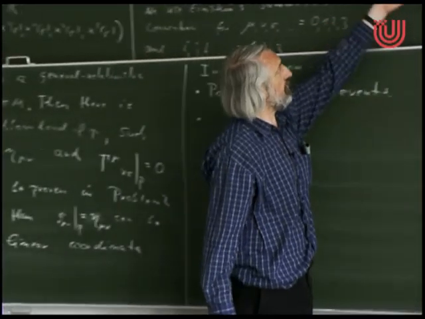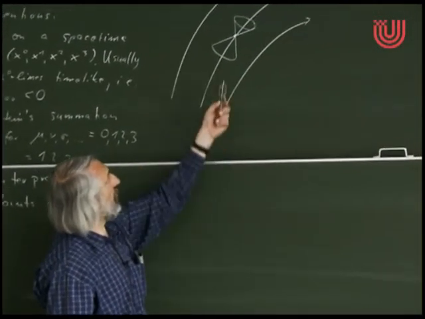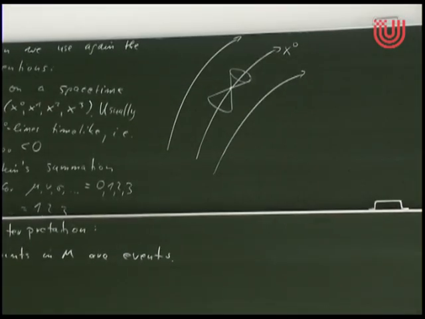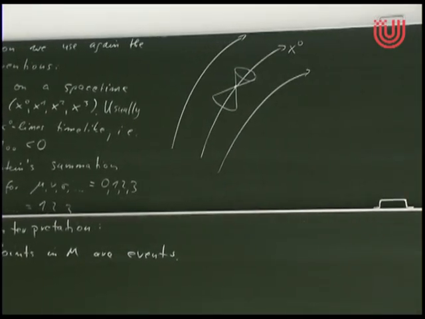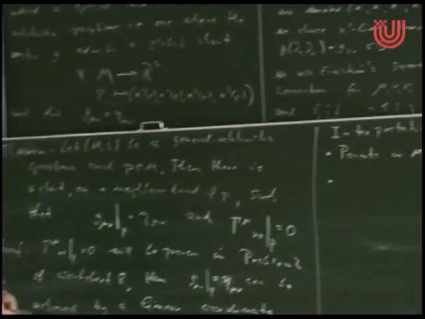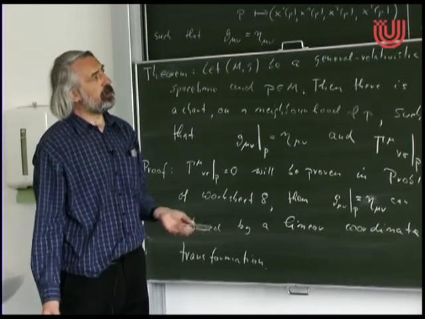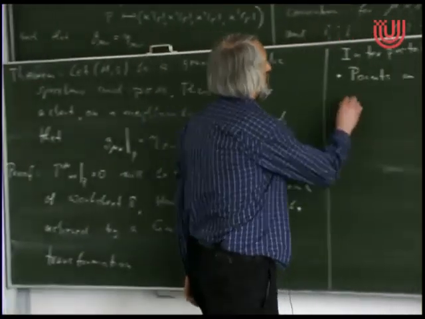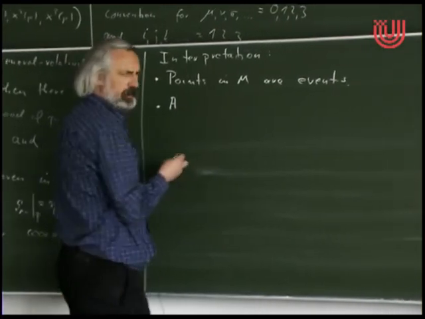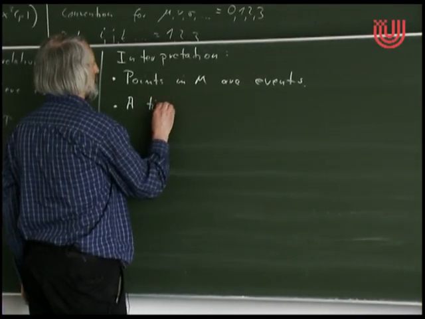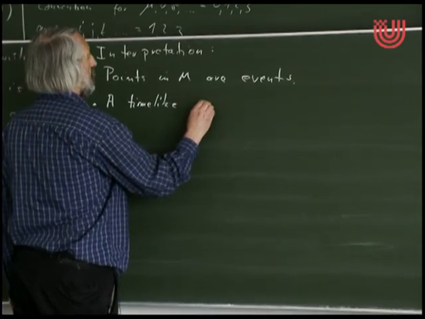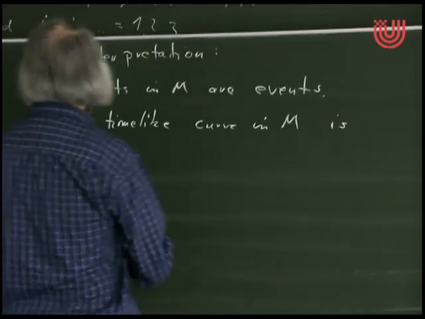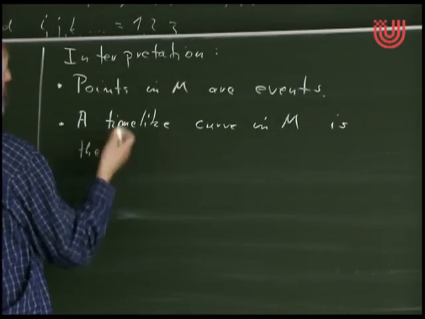We have the light cone at each point, so we can classify curves, world lines in the space-time, according to being time-like, space-like, or light-like. And again, as in special relativity, we say that the time-like curves are possible world lines of massive particles. Time-like, of course. A time-like curve in M is the world line, or a possible world line.